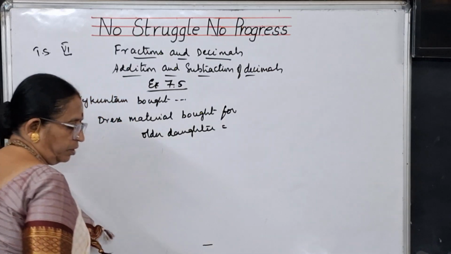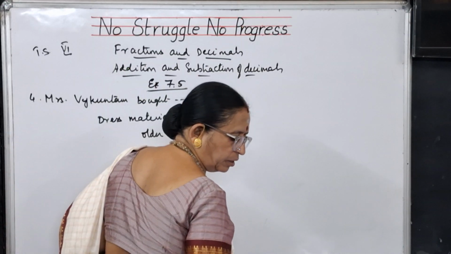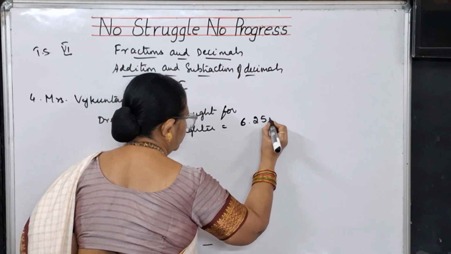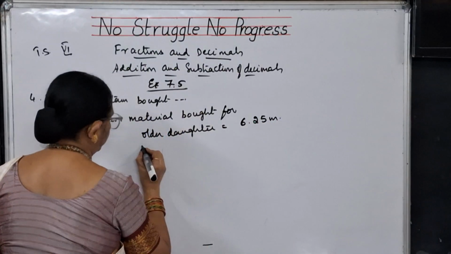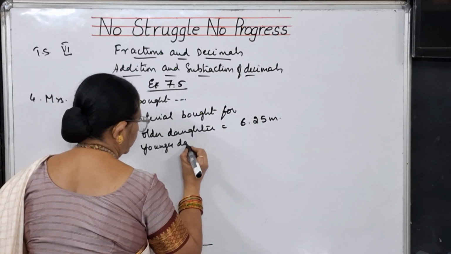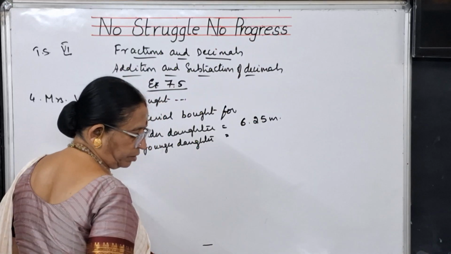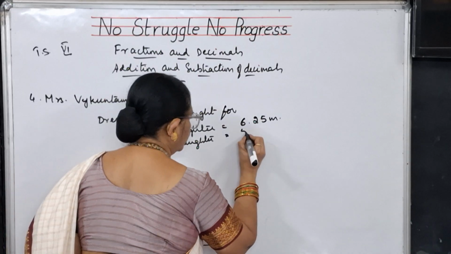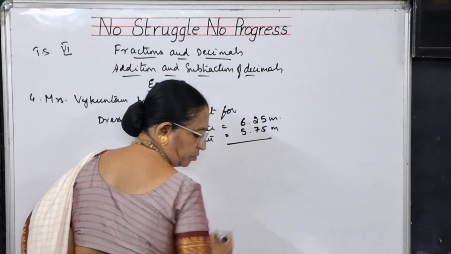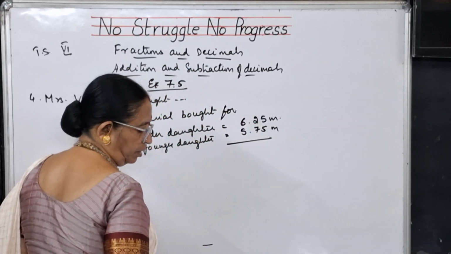How much? It is 6.25 meters. And for the younger daughter, how much she has purchased? 5.75 meters. So the question is how much dress material she bought.